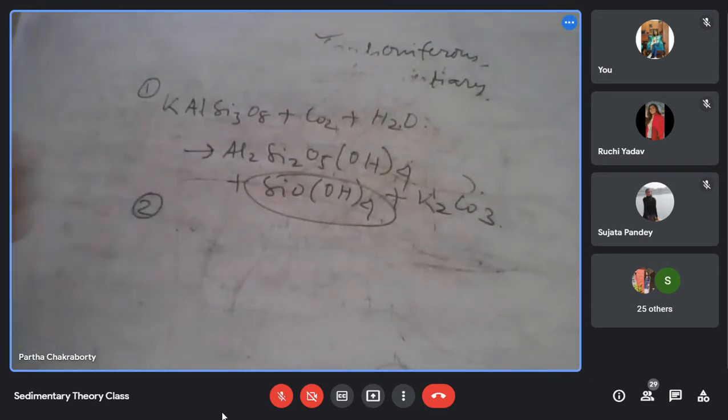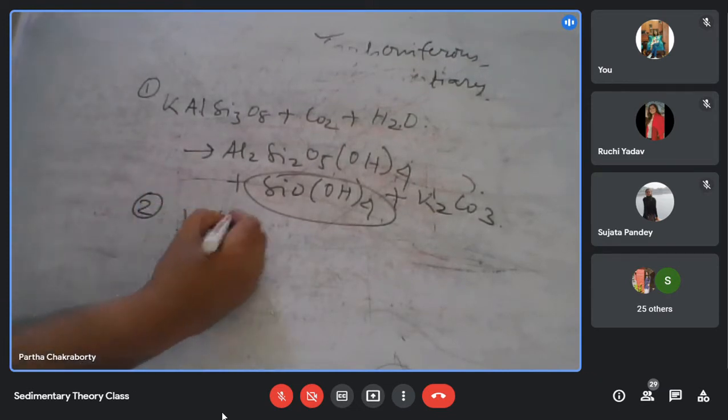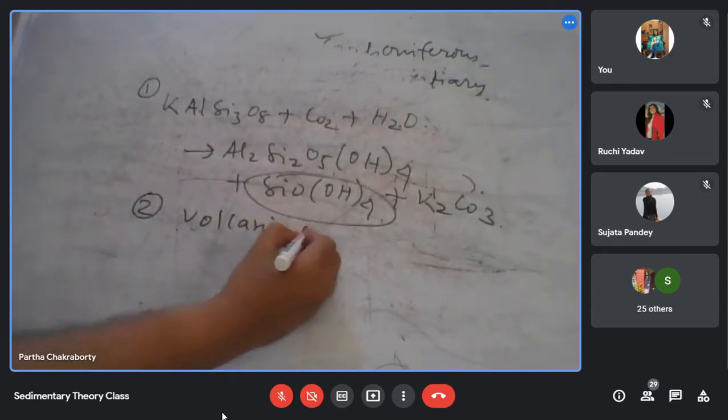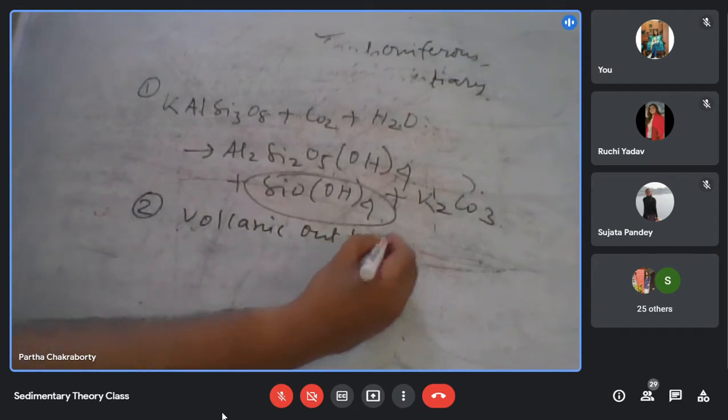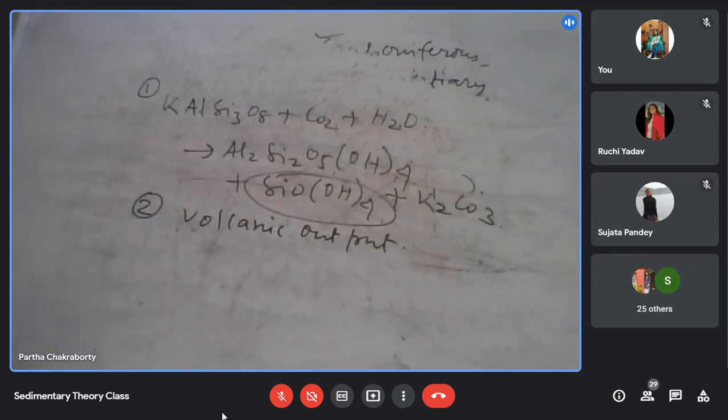Number two, it is the volcanic output. I will put a figure and then I will explain. Volcanic output, that is, you get siliceous solutions coming from the volcano, and the siliceous hydrothermal solution, that is a major thing.